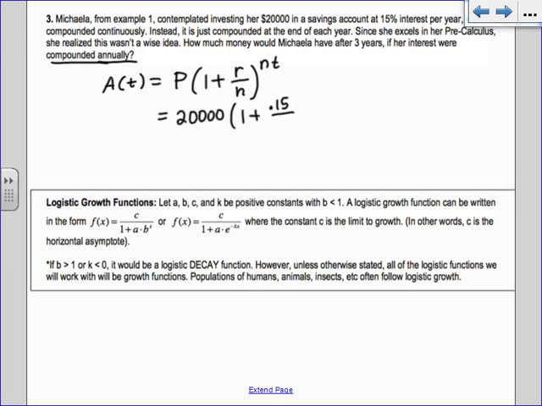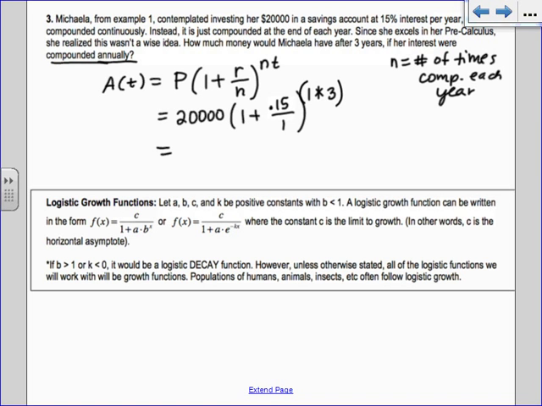N is the number of times compounded each year. How many times is it compounded each year? 1. It's at the end of the year. And then 1 times 3 gives the total number of times compounded. If it was 15 years, it'd be 1 times 15. If it was monthly for 3 years, it'd be 36 up there because you do 12 times 3.